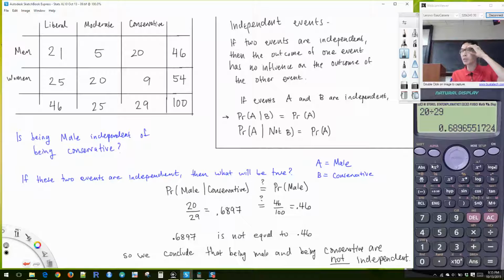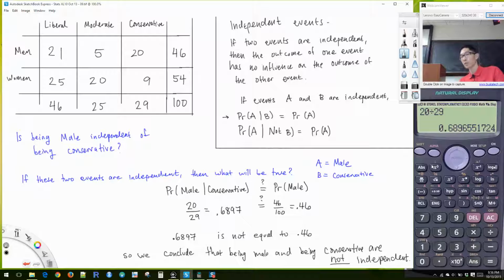Now I want to make sure conceptually this is okay. No? I got shaking heads over here. We'll try another example.